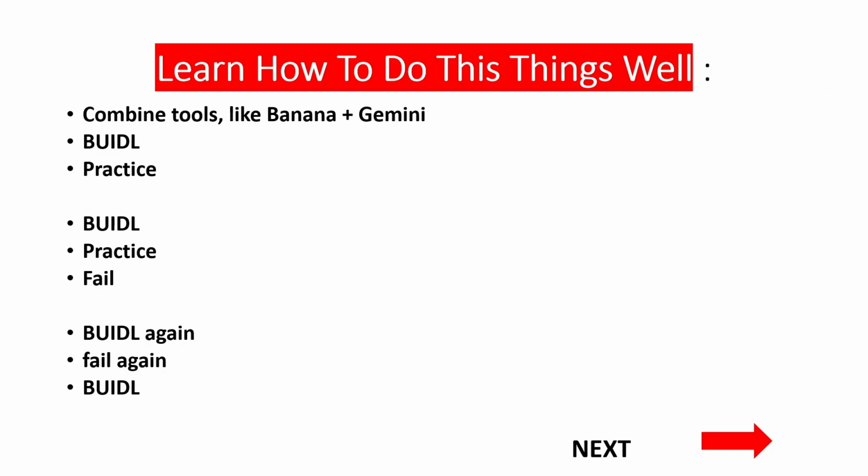You can fail, because one thing about vibe coding is you need to do some faulty stuff in order to see more ways to vibe code and to build higher quality. So when you build again, you fail and build. This is one of the ways you can be a good vibe coder.